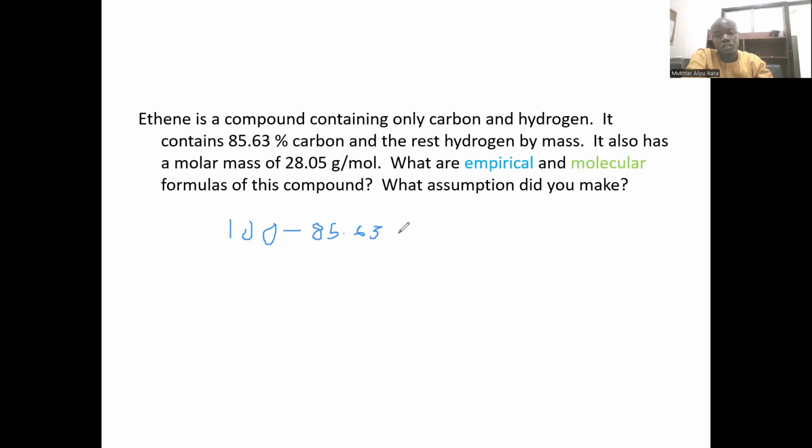So after we take 100 minus 85.63, at the end, we are going to have 14.37 gram.